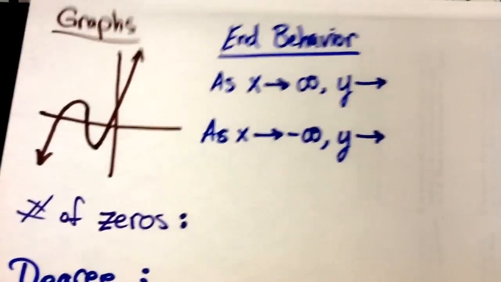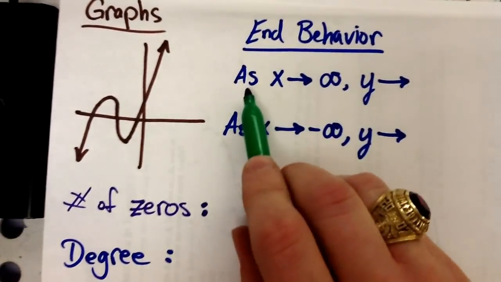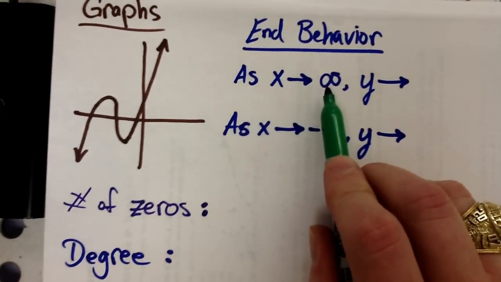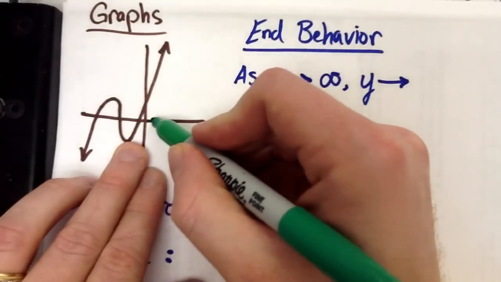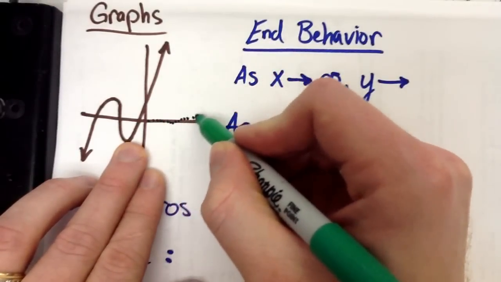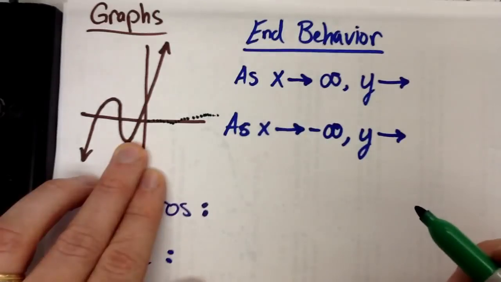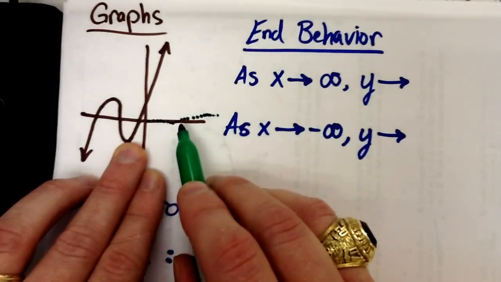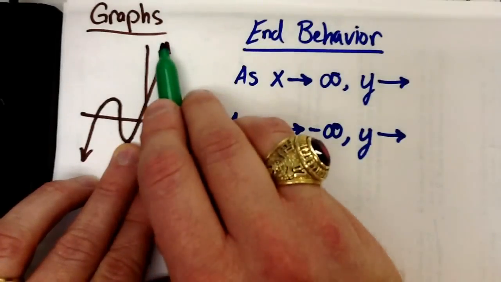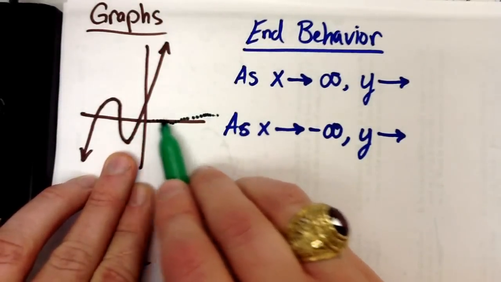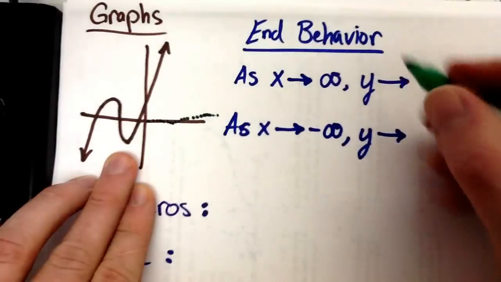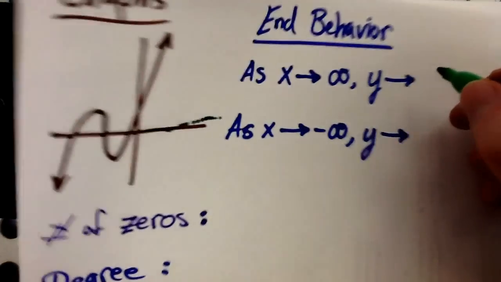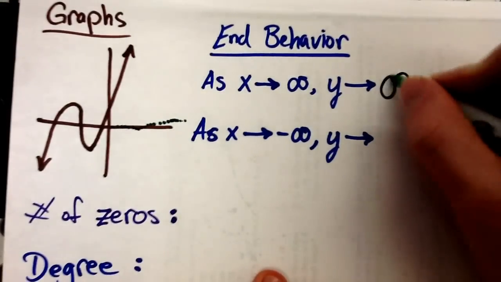Let's talk about end behavior. Okay, what happens as x approaches infinity? In other words, if I'm going along the x-axis this way, that's going to be going toward infinity. As I take bigger and bigger x values, I'm heading toward infinity. What happens to y? Well, the further you go to the right, the more y goes up. If it's going up, it's heading toward infinity.